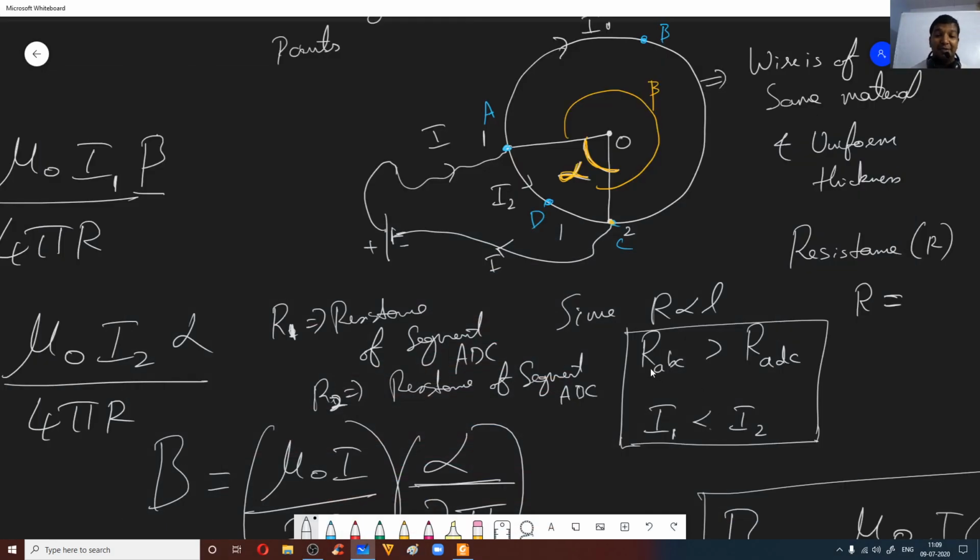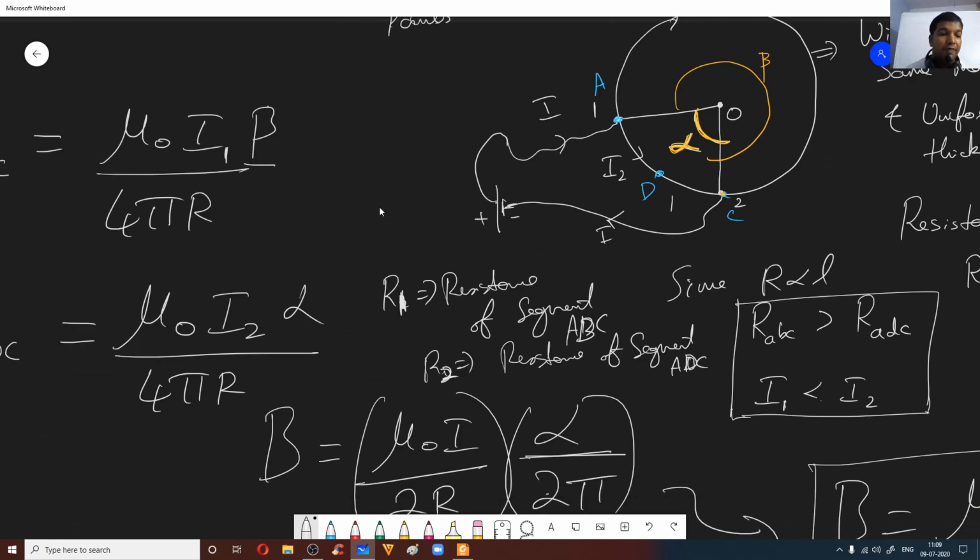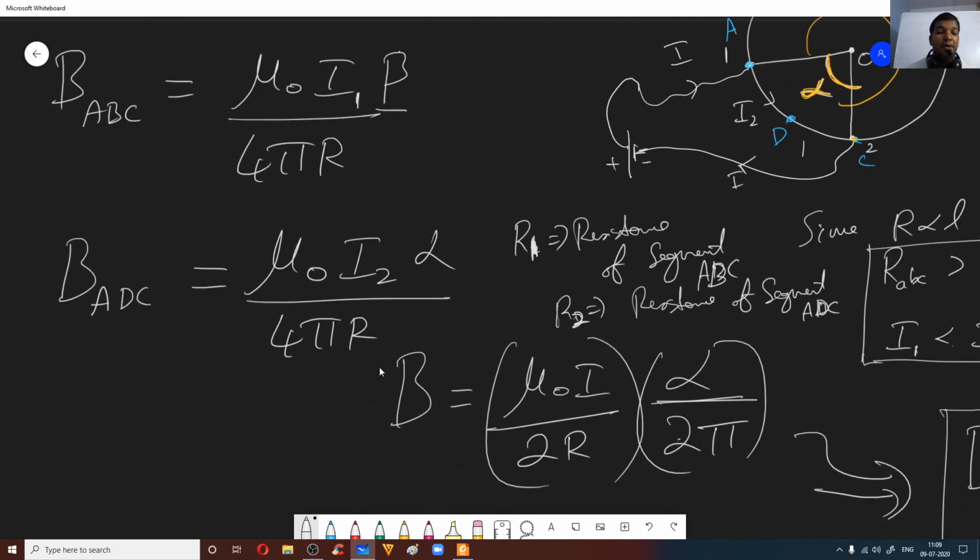Let us go back to the same thing. R1 is the resistance of segment ABC only, with current I1, and R2 is for ADC, with current I2. Let us keep it that way.